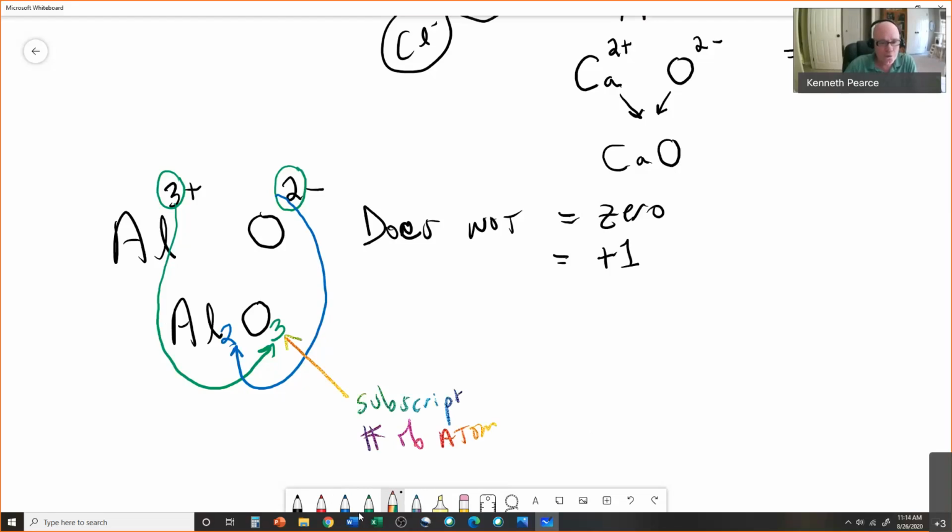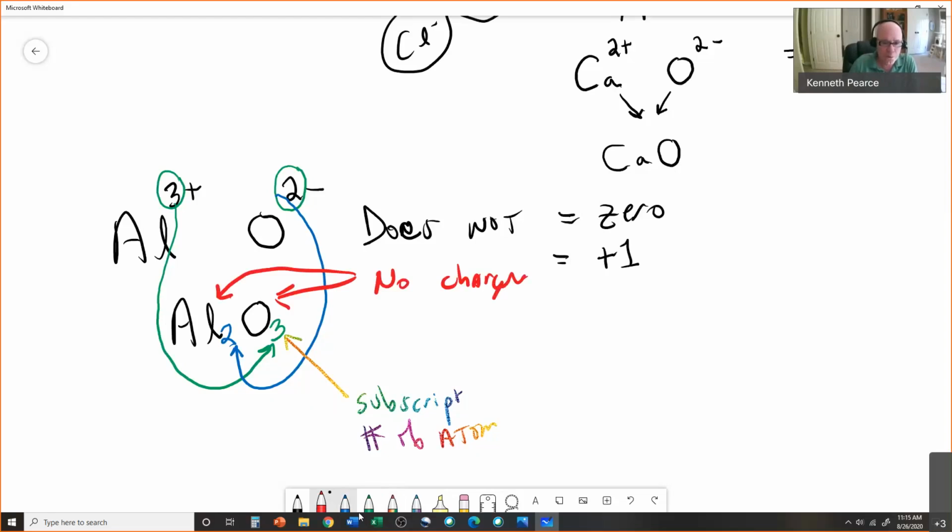That subscript 2 to the bottom right of the aluminum means 2 aluminum atoms. Do not put the charge down there. That's not where the charge goes. Also, don't put the charges up here either. This is the correct formula.